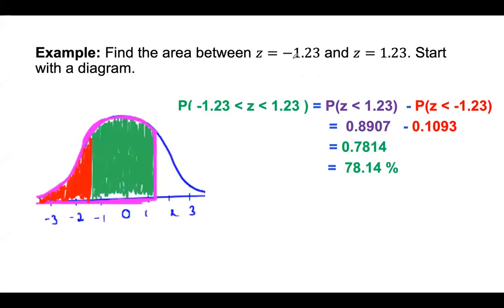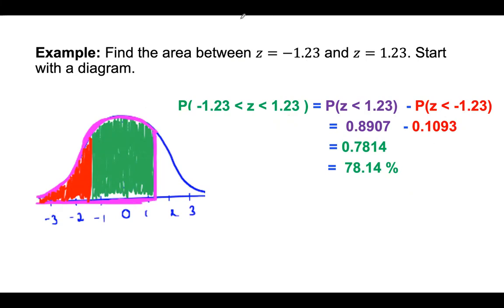What about the area between these two values? So we have the probability that negative 1.23 is less than Z is less than 1.23. Well, we take that bigger area, which would be 1.23, and we subtract that smaller area of negative 1.23.